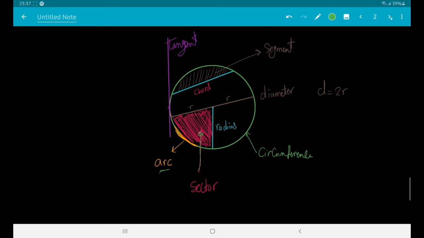I think this is everything about the circle, and I will now explain how to find the area and the circumference of any circle using the length of the radius or the diameter.